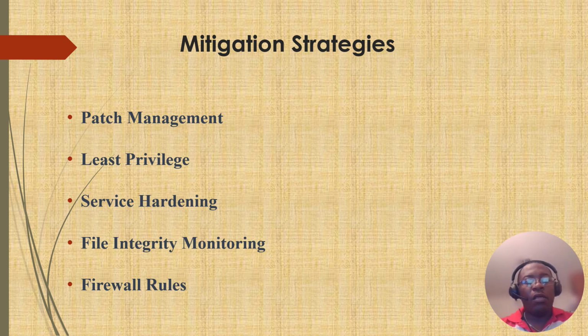Next, we define least privileges. That means we restrict root access. We just use sudo instead, because you can use the command sudo to run root commands. For service hardening, we disable unnecessary services, for example Samba if not used, because the hacker can walk through it to get access to our servers.